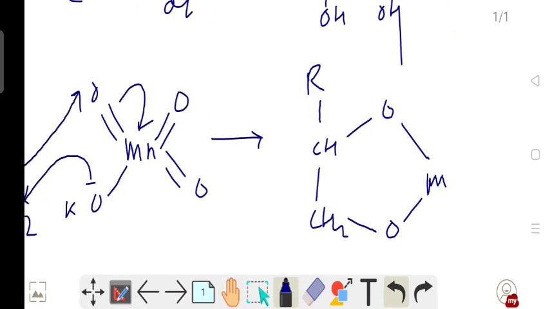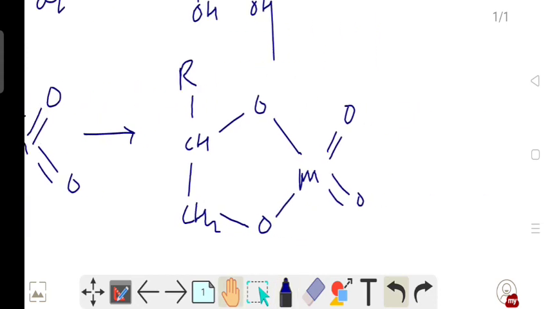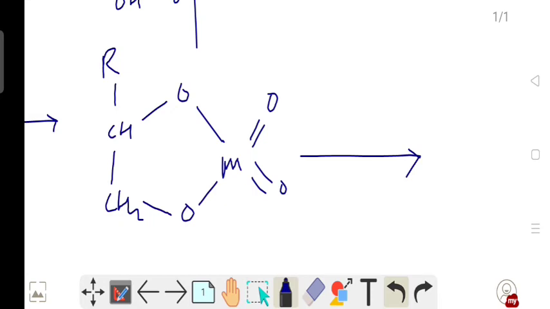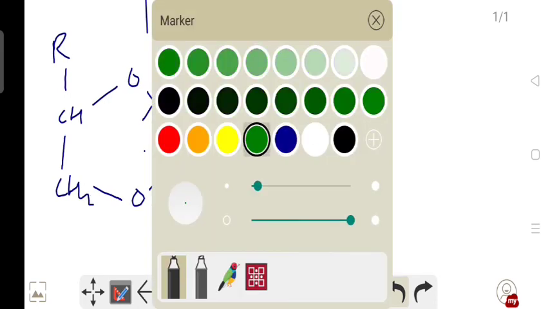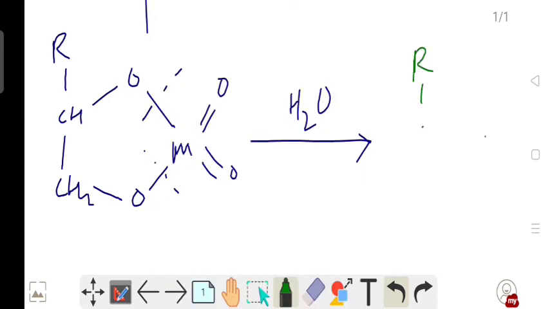This is manganese, and two bonds attach here. After hydrolysis, meaning in the presence of water, these two bonds will break and form OH. So the final product is R CH CH2, with one OH here and another OH here. That means it will form the vicinal diol.